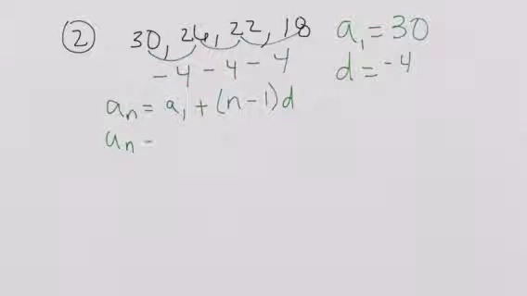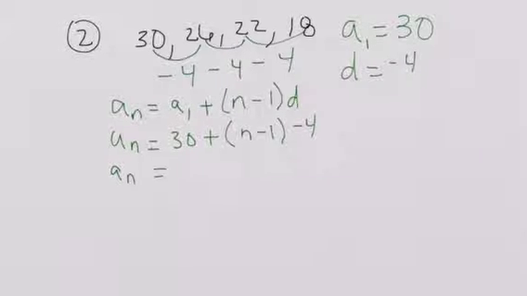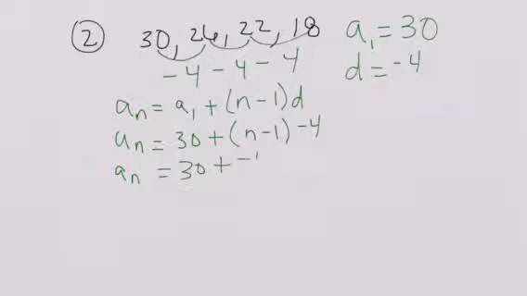A sub n is equal to 30 plus n minus 1 times negative 4. Now we're going to rewrite so we can do distributive. An is equal to 30 plus negative 4 times n plus negative 1, so we don't blow our sign. We're going to go ahead and do our rainbow.